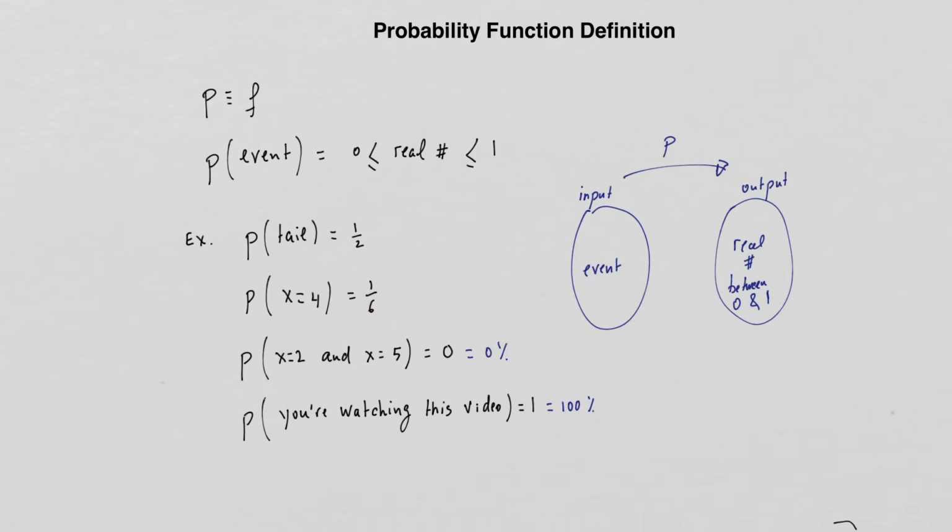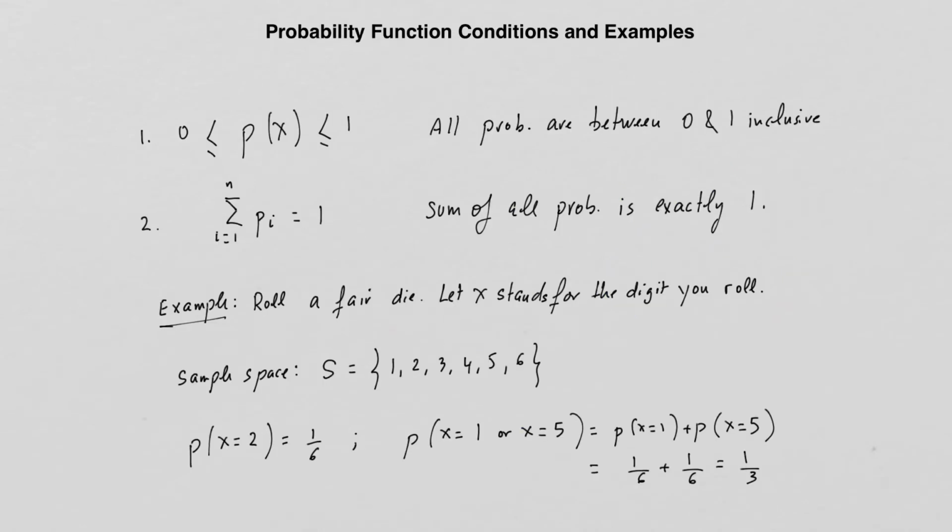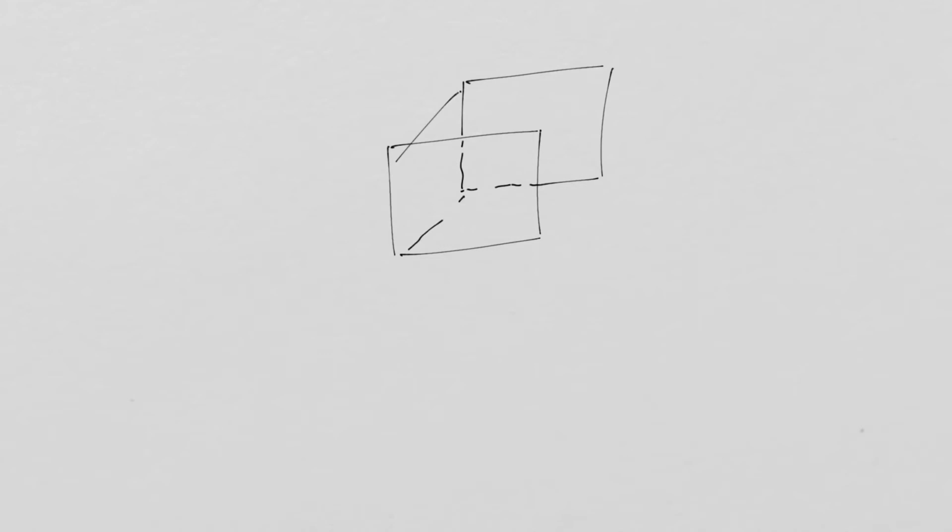Let me pause here and talk about fairness and unloaded in case you wonder what I'm talking about. So here is my die. This is my die, and it's labeled 1 through 6.